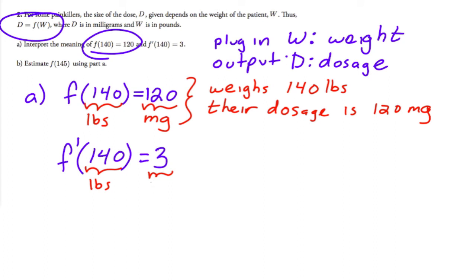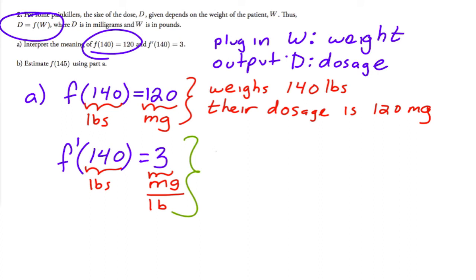So the units of this are actually milligrams per pound. So this is key to understanding what this means. Now, the other thing to remember is that the derivative gives you the instantaneous rate of change.